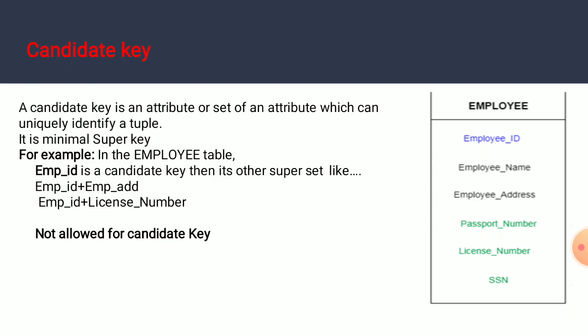In this example of the employee table, if we select employee ID as a candidate key, then other supersets like employee ID plus employee name, employee ID plus license number, are not allowed as a candidate key.